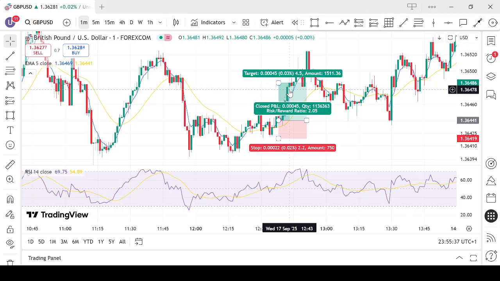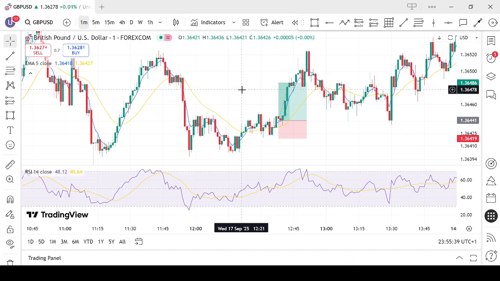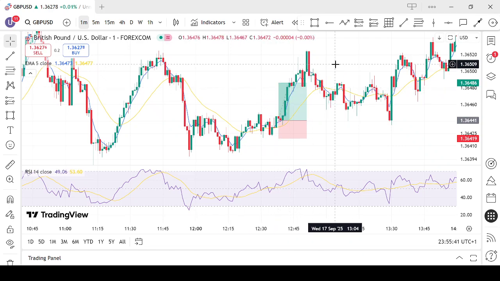This is just to help you to be disciplined and to help you avoid revenge trading in the market. Now with a 1% risk and a 5 pip stop, your lot size adjusts automatically to protect your capital.